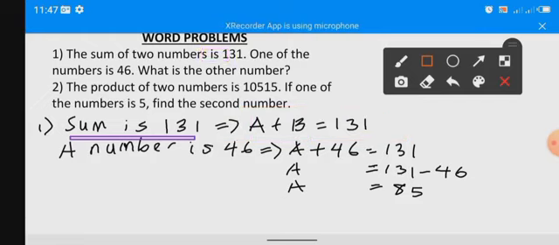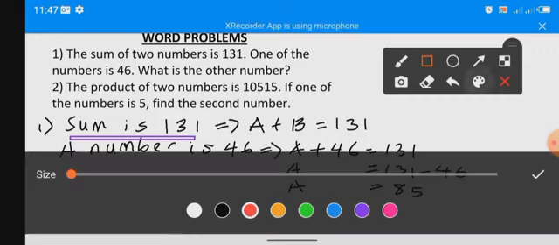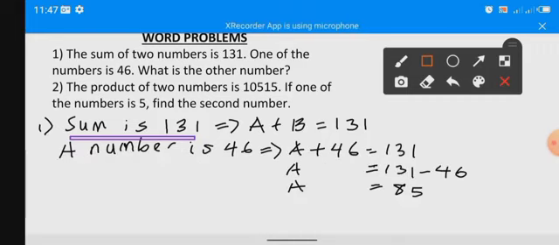Now the second statement says one of the numbers is 46. One of the numbers is 46. So out of the two numbers, a number is 46.